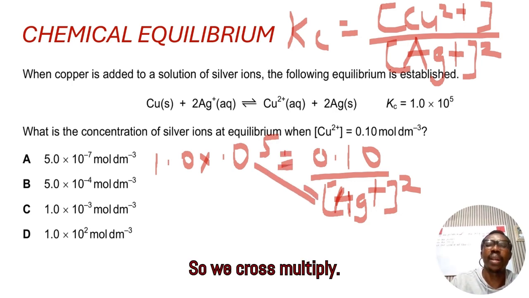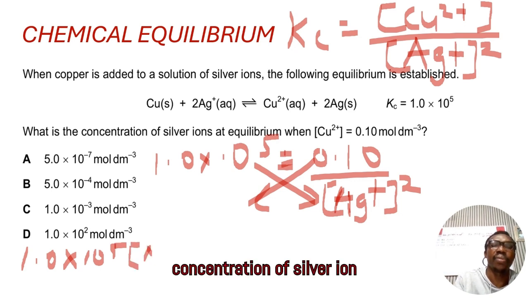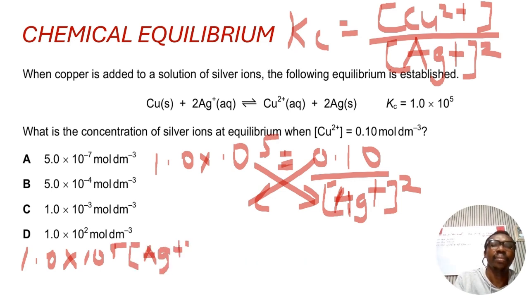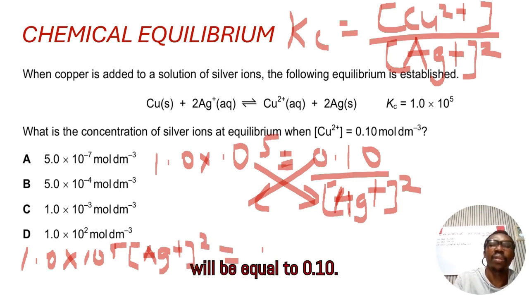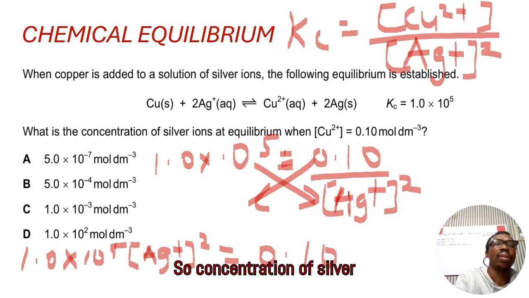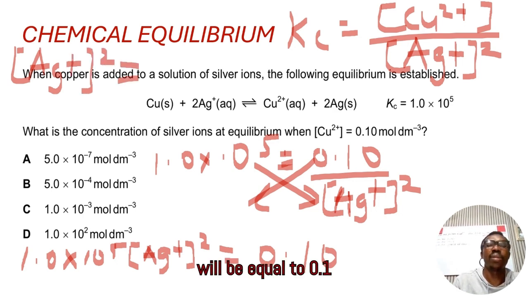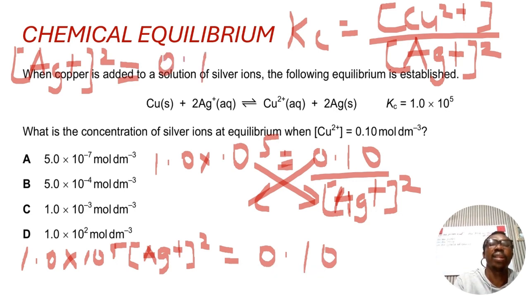So we cross multiply. So 1.0 times 10 raised to power 5 times the concentration of silver ion squared will be equal to 0.1. So the concentration of silver ion all squared will be equal to 0.1 divided by 1.0 times 10 raised to power 5.